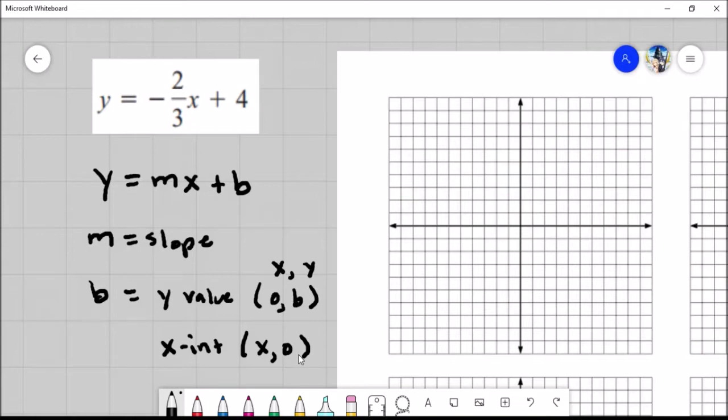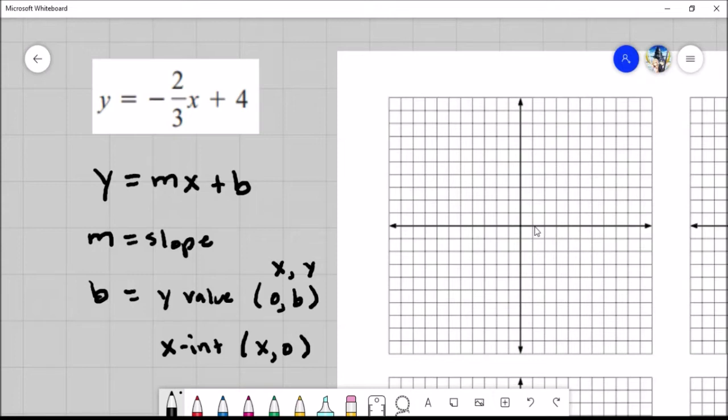Here, we are going to see those x and y intercepts, and we can label them when I finish. But first things first, graphing it. In order to graph a linear equation, and we already have it in slope-intercept form, what we're going to do first is find the y-intercept.